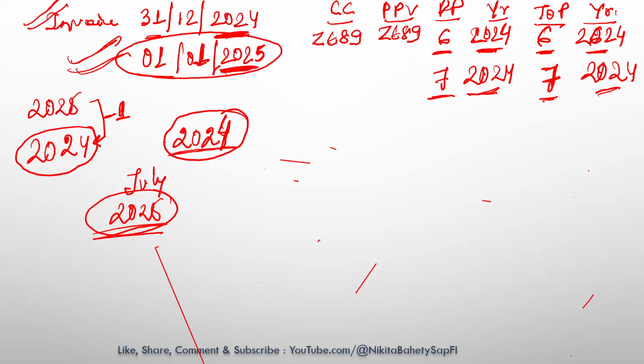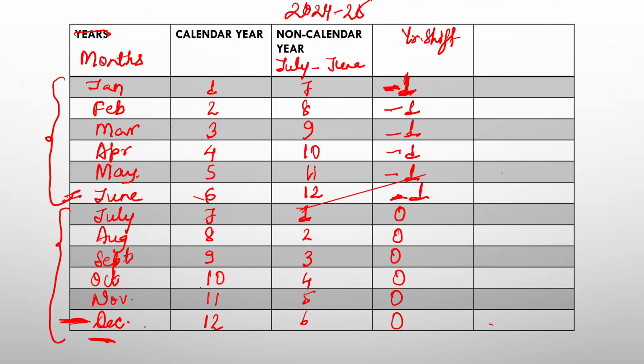So from 2024, how can we reach 2025 with a plus 1 year shift? If we add one, we get 2025, right? So the instruction we give to SAP is that you have to take 1 year forward from July till December.